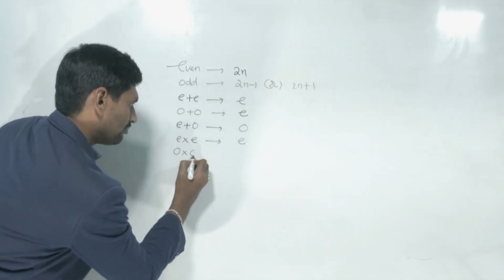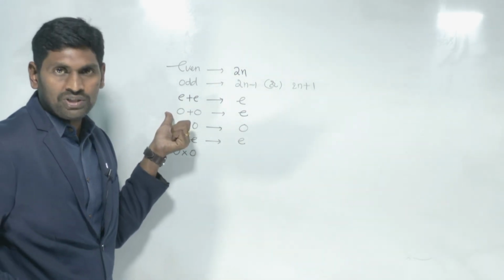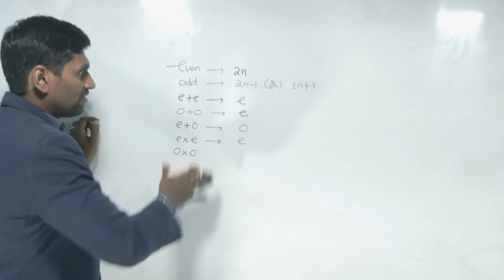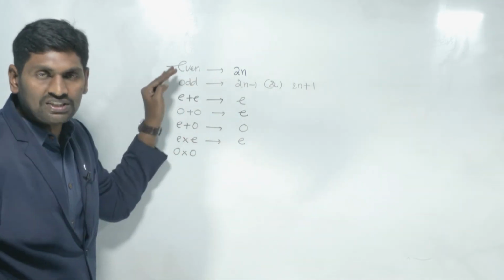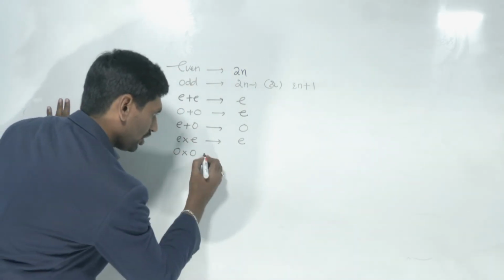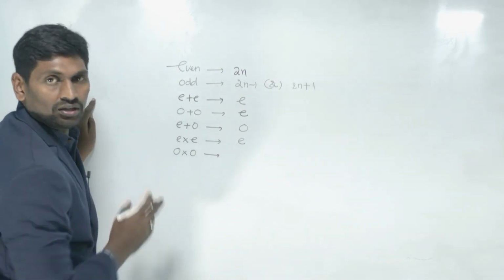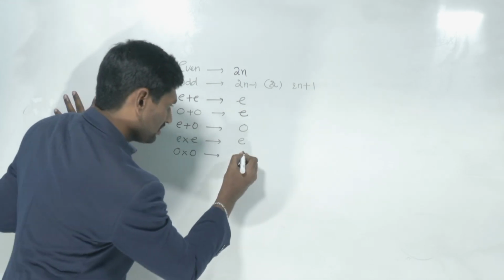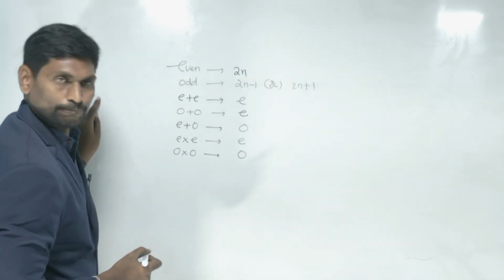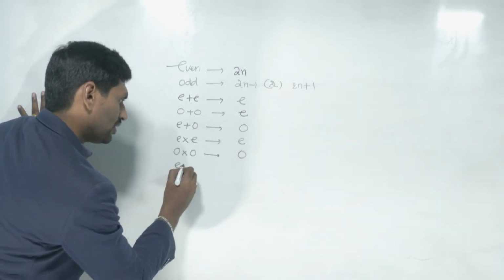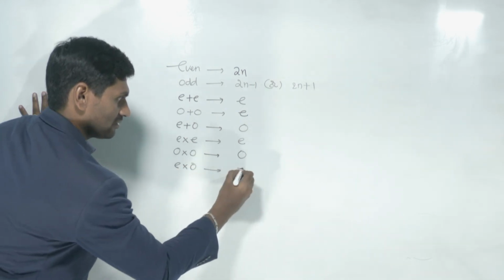Product of 2 odd numbers: odd. Here E means even, O means odd. You remember like that. For writing, instead of all the sentences, I am just revising like this. One even number and one odd number product is even.